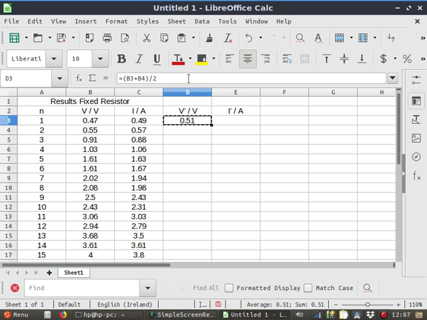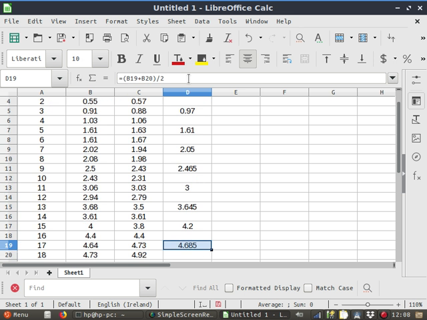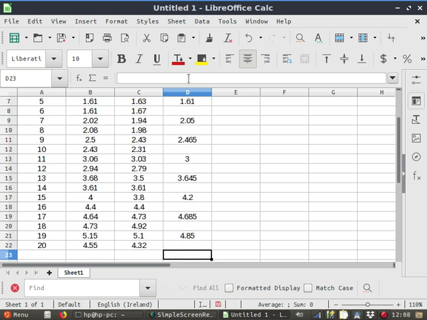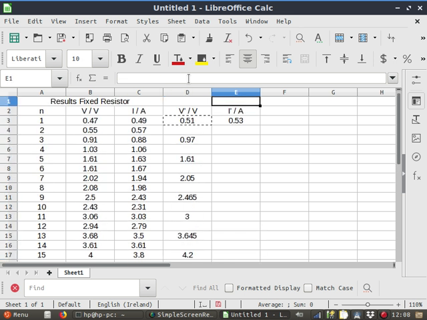Control C, Control V. Copy, paste. Control C, down to here, Control V. Okay, and then we'll do the other ones.